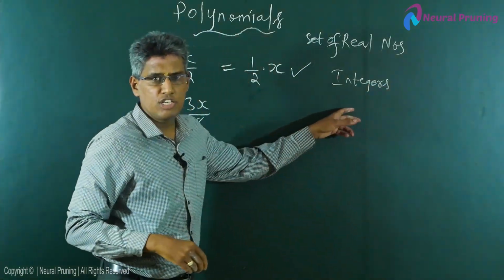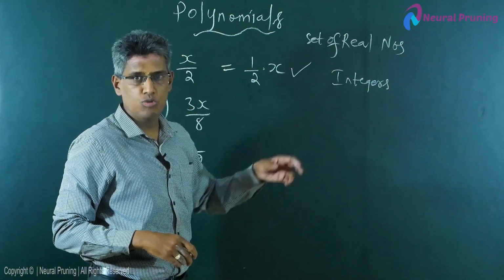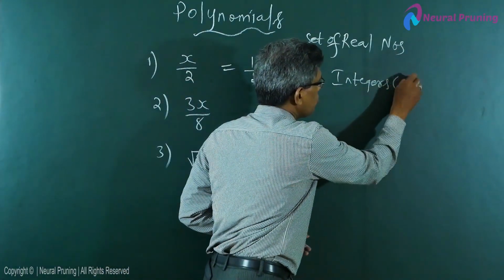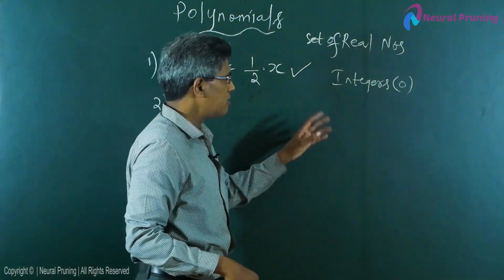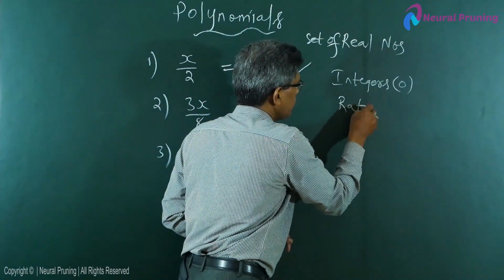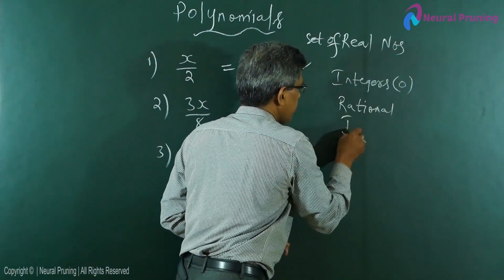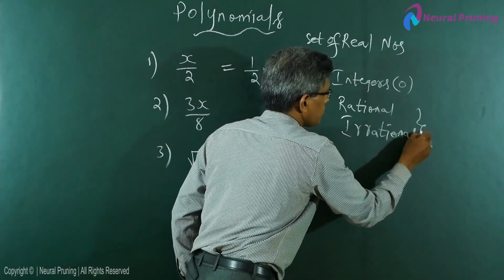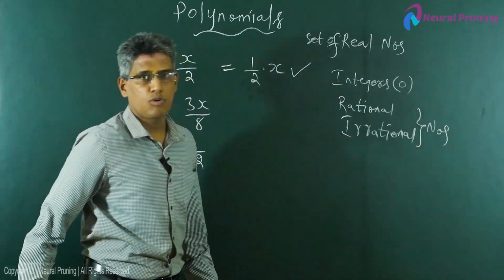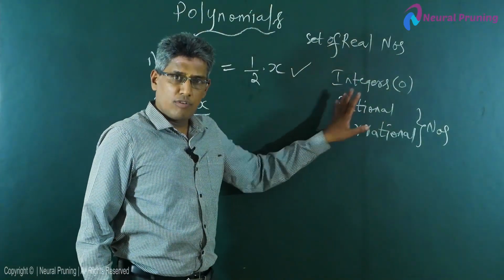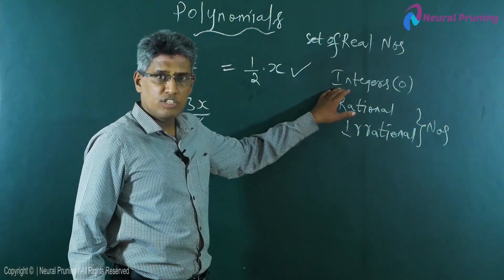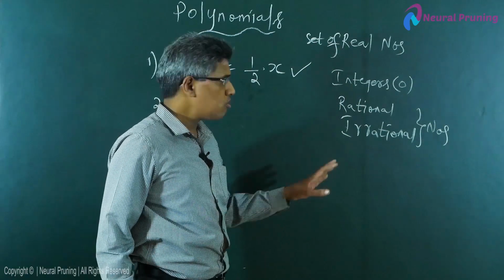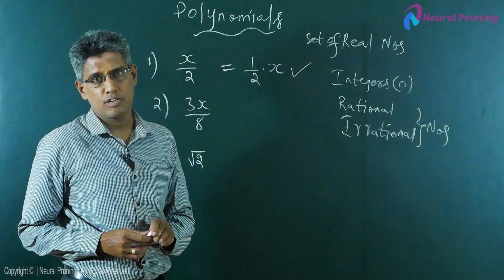That is, integers. When I mention integers, it includes 0. Okay, so 0 also is included. Then you have rational and irrational numbers. So the set of real numbers can have positive integers, negative integers, 0, rational and irrational numbers.